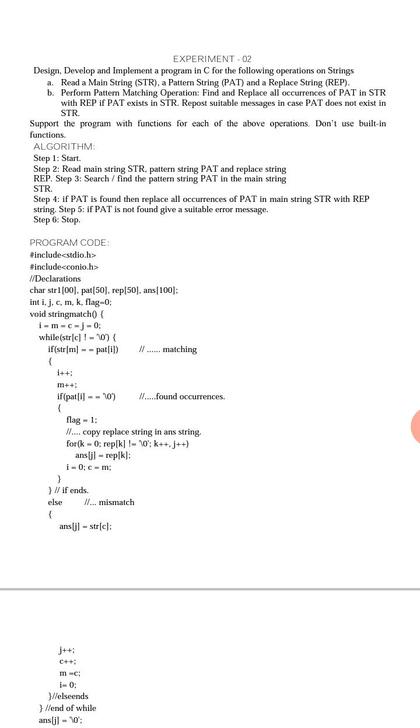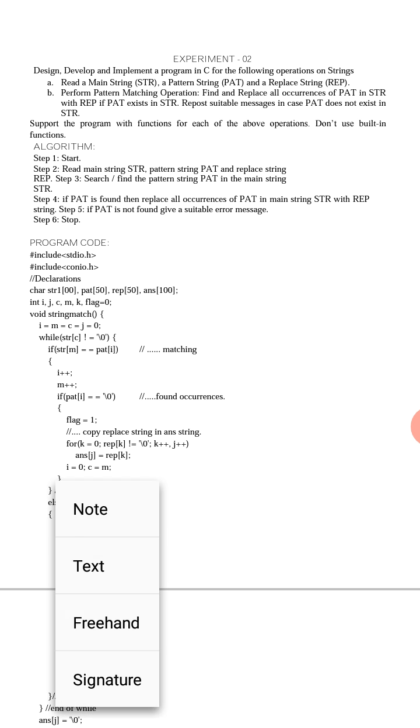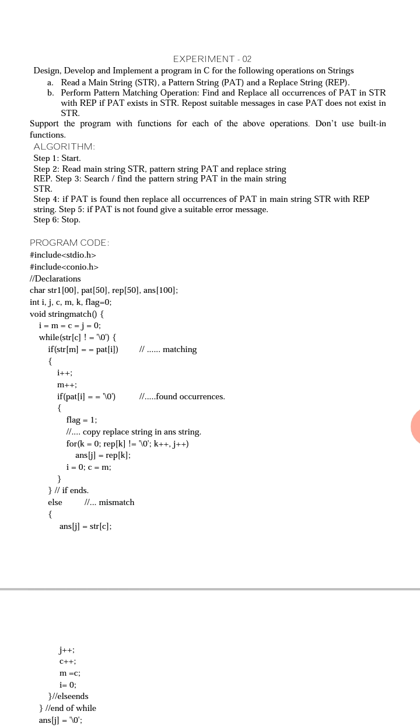Let us understand first what is a string. Strings are actually one-dimensional arrays of characters terminated by a null character. Thus, a null terminated string contains the characters that comprise the string followed by a null.